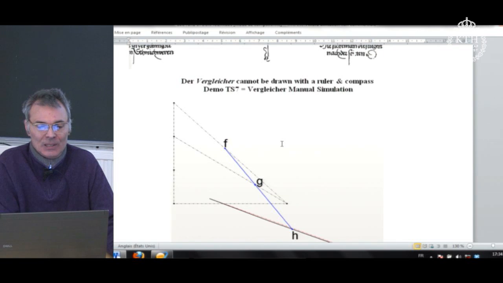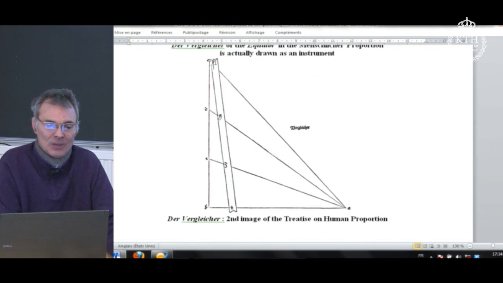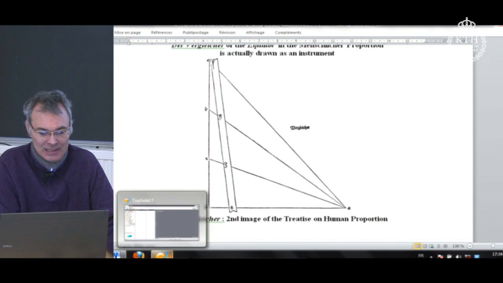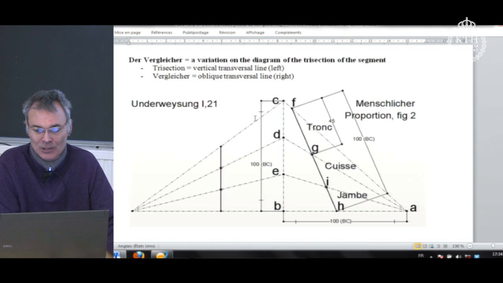So now let us look at the other treatise, the one about human proportions. The image of the Vergleicher is this one, and it is important. It is the second one in this treatise. Let's first understand what Dürer is saying about it.